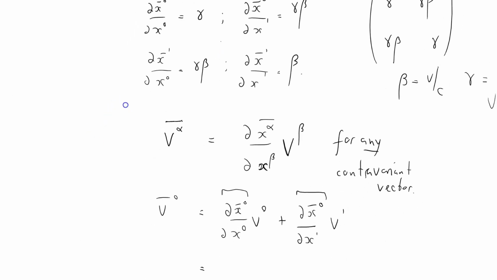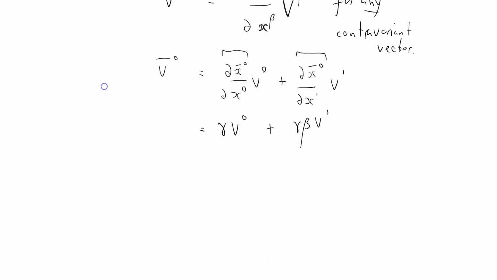Partial x bar 0 by partial x0 is just gamma. So it's gamma v0 plus this term here, gamma beta v1. And of course, v bar 1 equals gamma beta v0 plus gamma v1, purely analogously, for any contravariant vector. What I'm going to do is show you what kind of contravariant vectors we can deal with. But now we can transform between them quite easily, according to the Lorentz transforms.